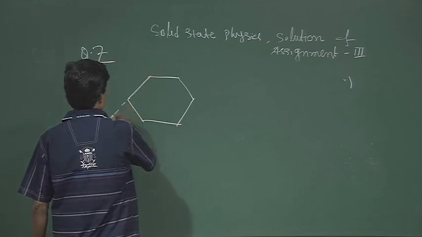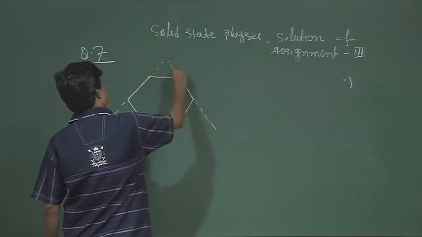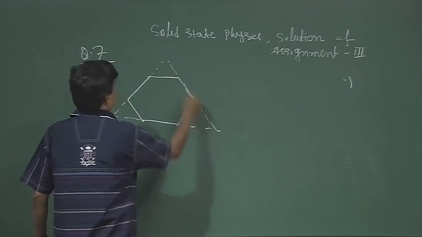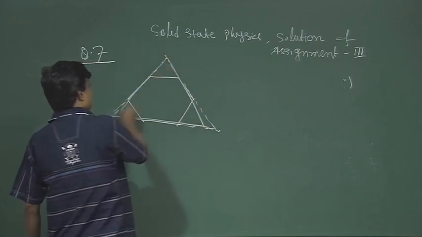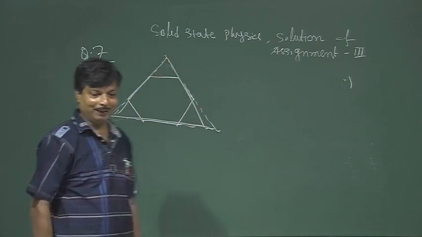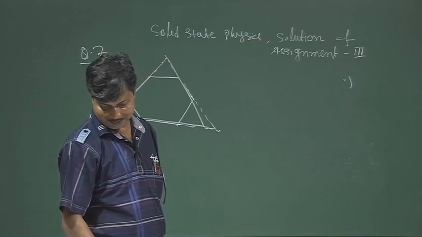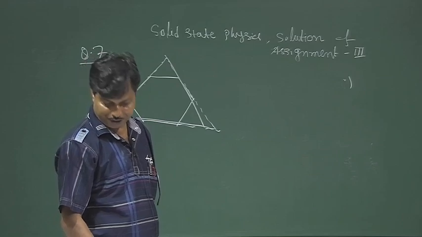So, what you do? You extend this way. You see, this is actually the part of a triangle, like the first figure. So, your figure 1 and figure 3 must have the same fold symmetry.